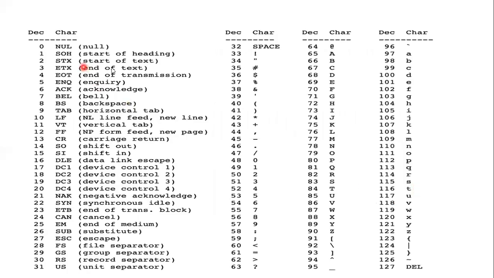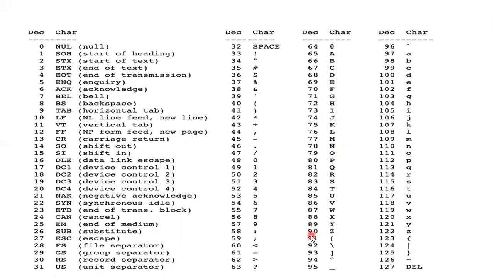So these are the various ASCII characters. 0 is a null character, then 1 is a start of heading, like that. Even the alphabets: capital A is represented in ASCII as 65, B is 66, like that.